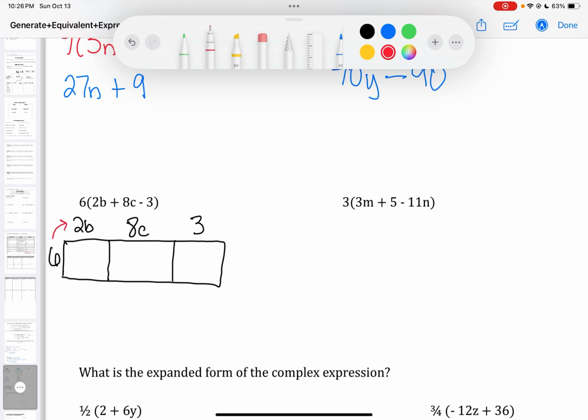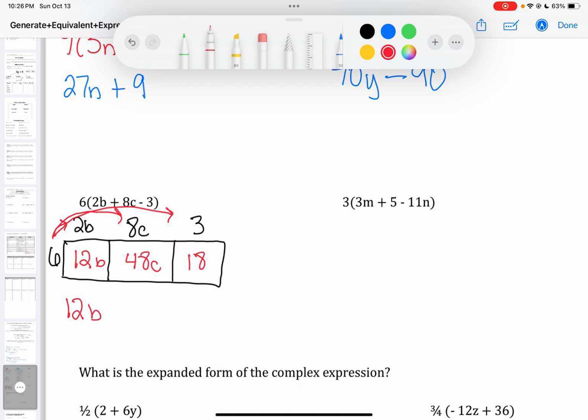Now I'm going to start with my first arrow. 6 times 2b is 12b. Then my second arrow, 6 times 8c is 48c. And 6 times 3 is 18. Now I can rewrite this as 12b.